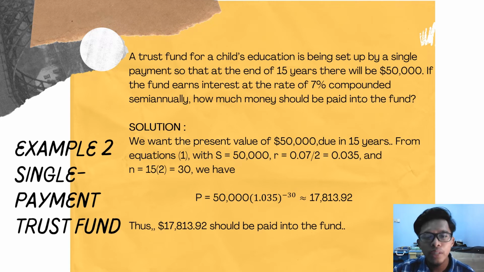So after we gather all the data from the question into the formula, we get P equals 50,000(1.035)^-30, and the answer is 17,813.92. So this amount should be paid into the fund.